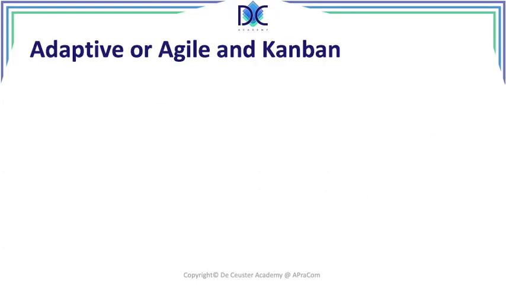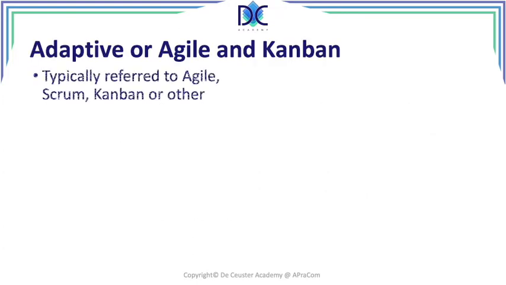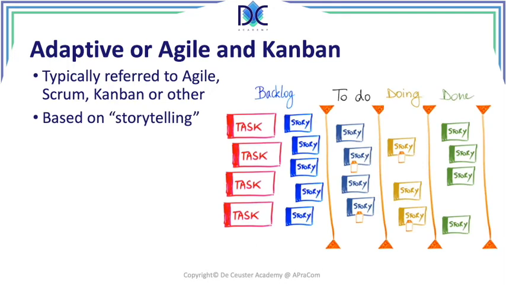Let's have a look at the adaptive or agile method, and I speak about agile, Kanban, but I also have to talk about Scrum and other agile methodologies. Basically, when we look at Scrum and Kanban, we look at a backlog where we have stories, we have tasks and stories, and they go through different steps.